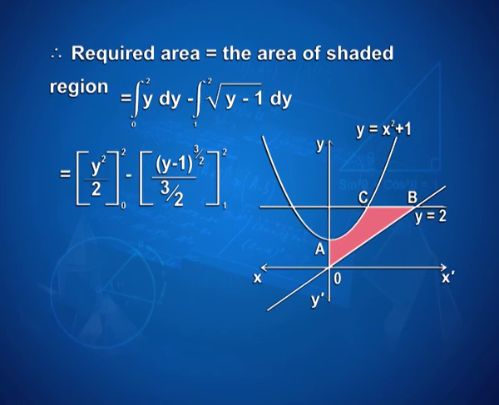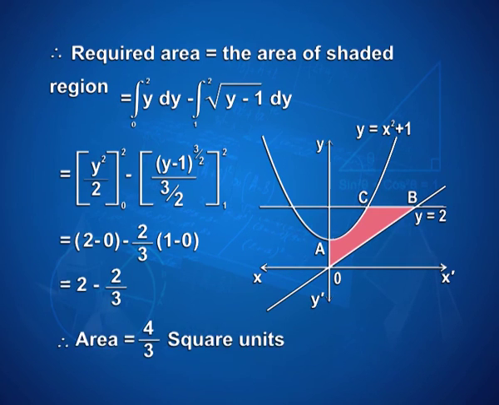On applying the limits, we have 2 minus 0 minus 2 upon 3 into (1 minus 0), that gives 2 minus 2 upon 3. Therefore, the required area is 4 upon 3 square units.